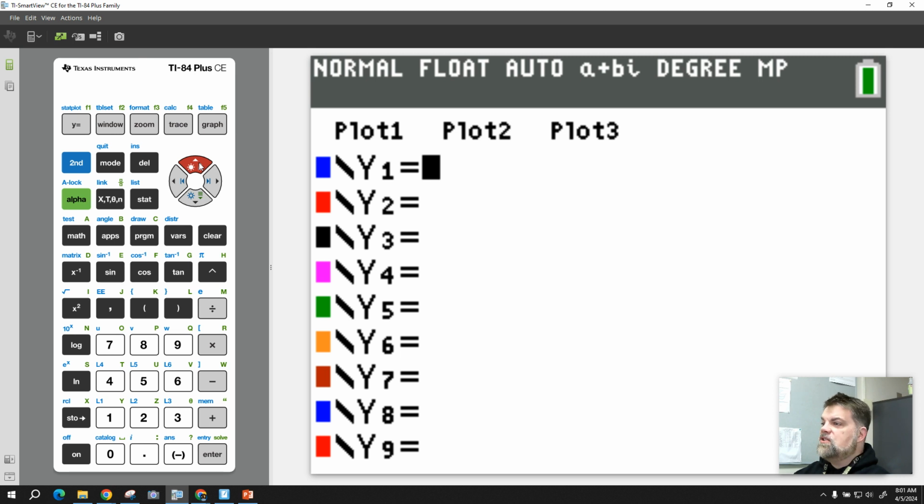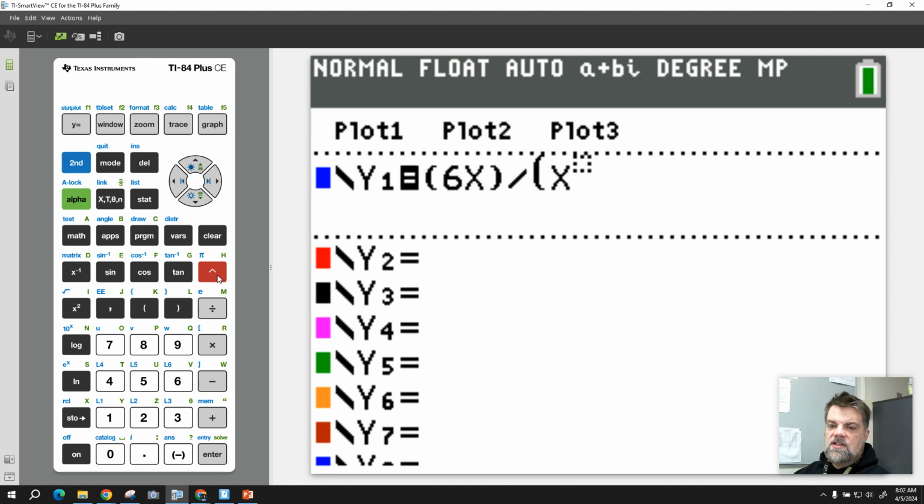It'll give you an answer based on what you put into it. Alright? So we're going to say 6x, and this is the thing. You're going to put in parentheses the numerator, 6x, divided by, then again in parentheses, x raised to the 3 divided by 4. Like that.